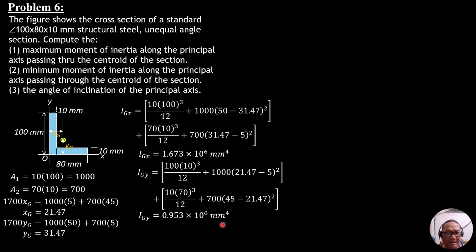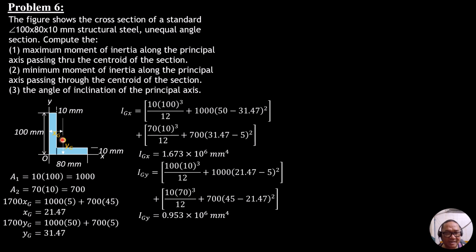While the product of inertia, we transfer it to the centroid. So remember that for areas with at least one axis of symmetry, the product of inertia with respect to the centroid is 0, but there is still the area times x-bar times y-bar. So only that component will be transferred.